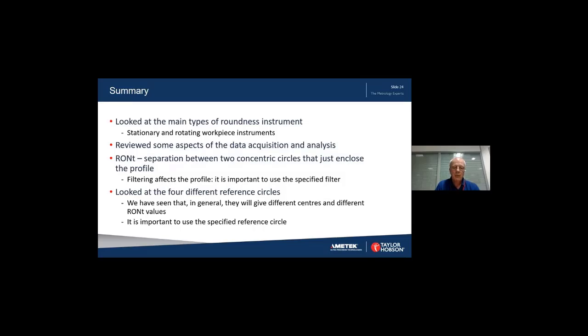We've also looked at the definition of roundness and the 4 reference circles that can be used. We've seen how it's important to understand which filter to use and which reference circle, as both impact the results. If the choice is not clear from the drawing or other instructions, then it's important to clarify these requirements with the designer.